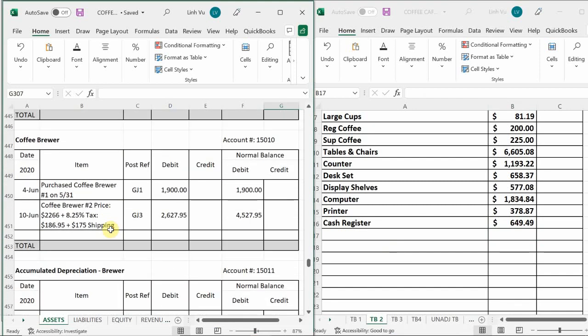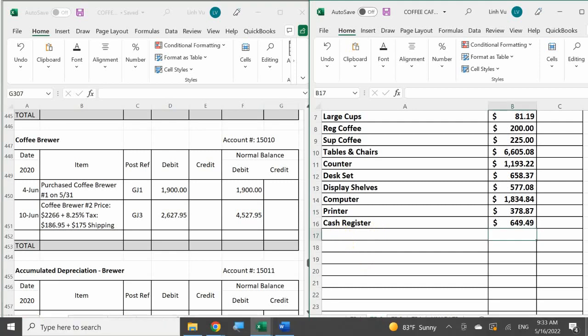Ooh, this time we got 2 coffee brewers. The total of both of them is going to give me $4,527.95.